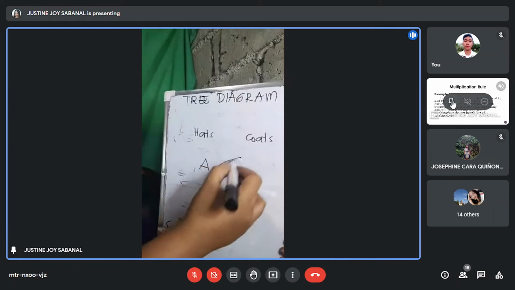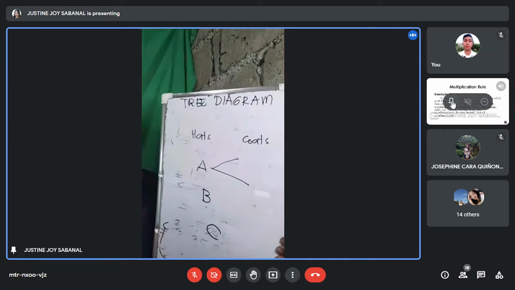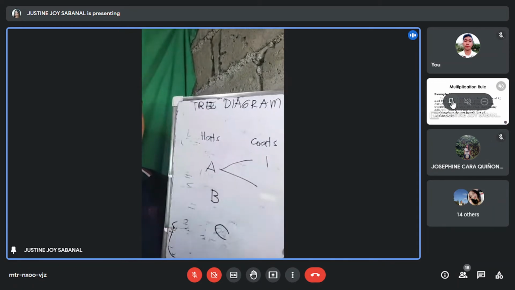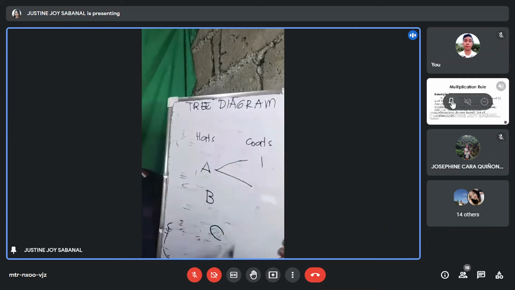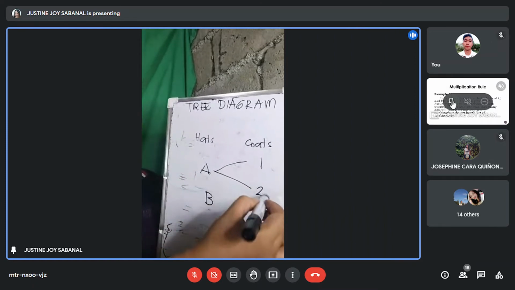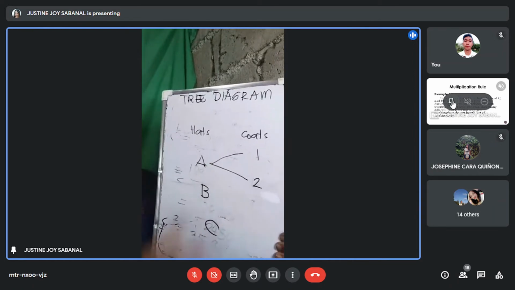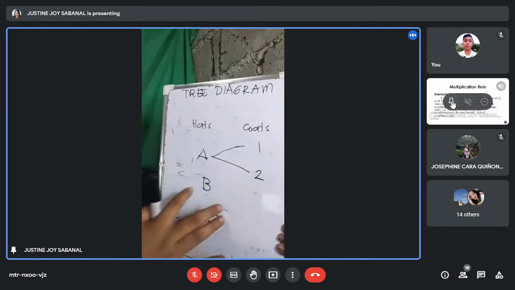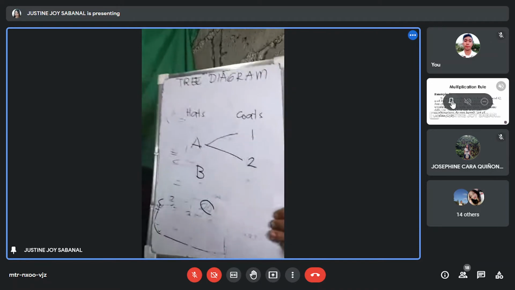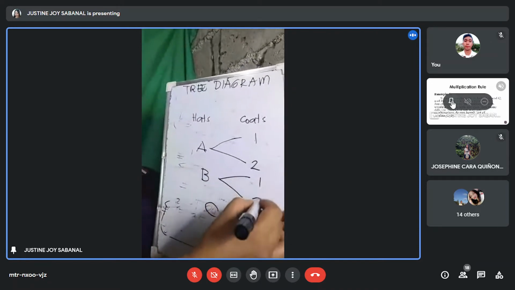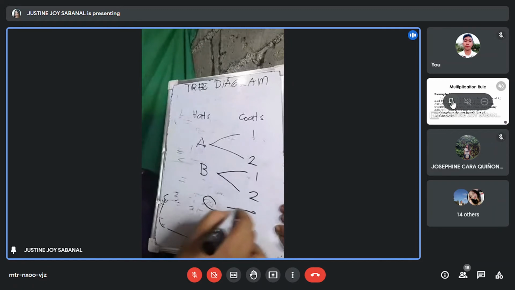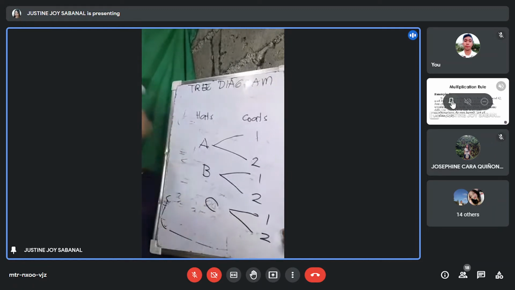So, yung coats po, 2 lang yung pwede nating pipilian. So, either yung hat A at coat 1 o hat A at coat 2. So, kung ayaw mo naman nung combinations nung hat A na yan, so try mo yung hat B. So, ganun din. So, either 1 or 2, and yung C, either 1 or 2.